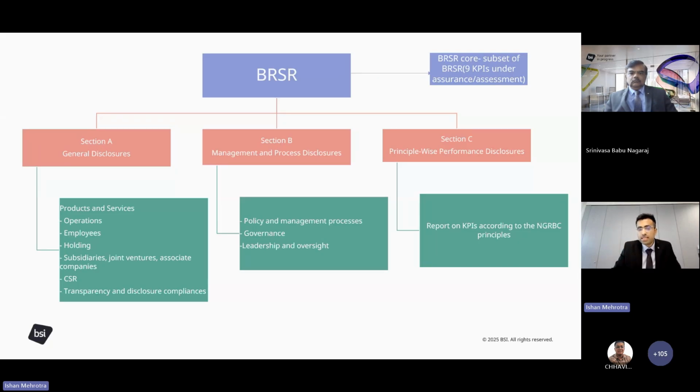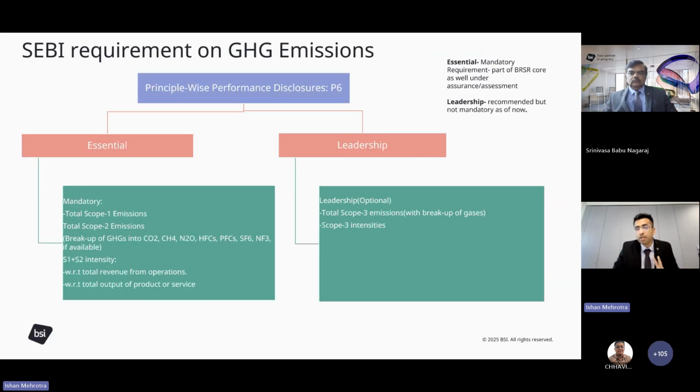And within Section C, there are two principles which talk about the carbon emissions to be provided to SEBI, to the stock exchange. Now, when we talk about SEBI requirements on greenhouse gas emissions, this is covered in two principles. One is Principle 6, which is a dedicated category for environment.